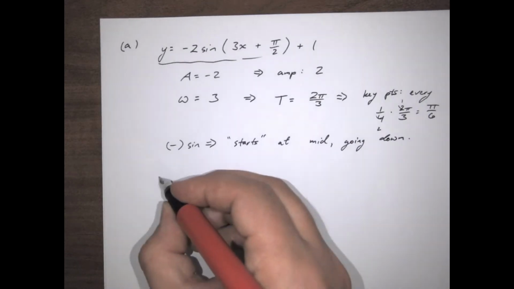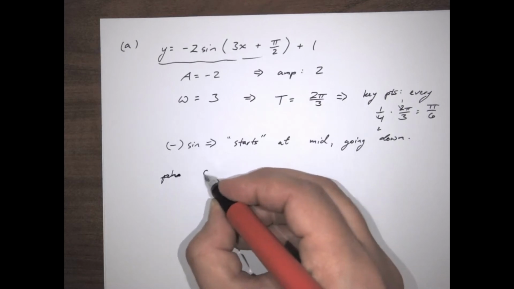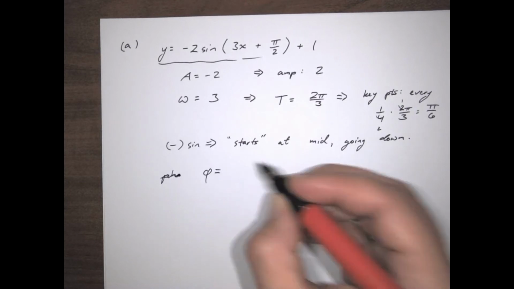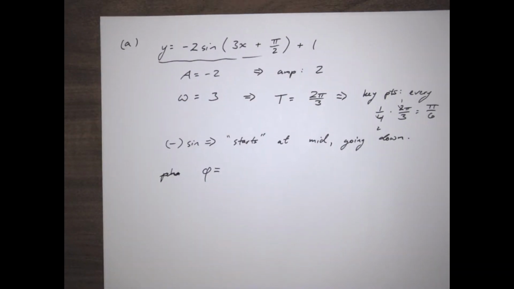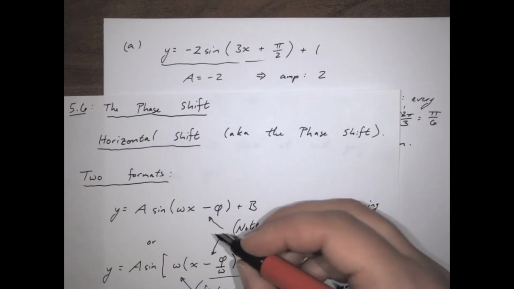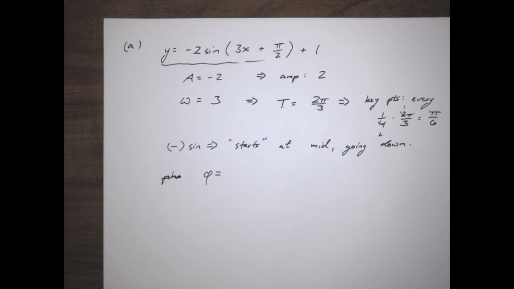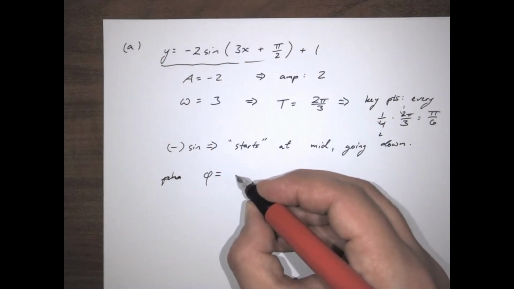Now, the phase shift. Actually, I start with the phi. So phi is equal to, now at first, you might be tempted to say pi over 2, but be careful. If you look back at the formula, in this format it's subtracting phi, which means that phi is the opposite of whatever it looks like it is.